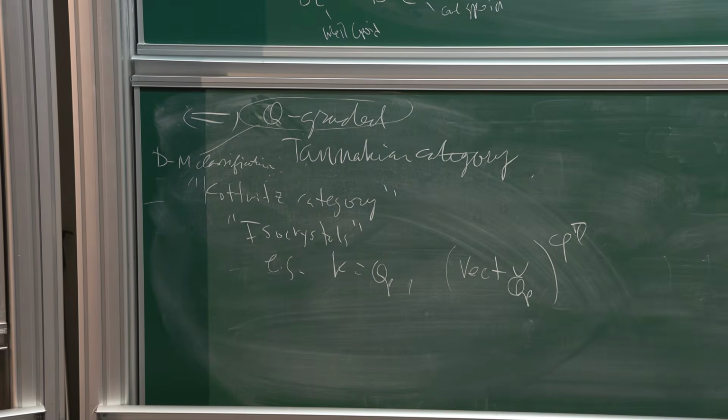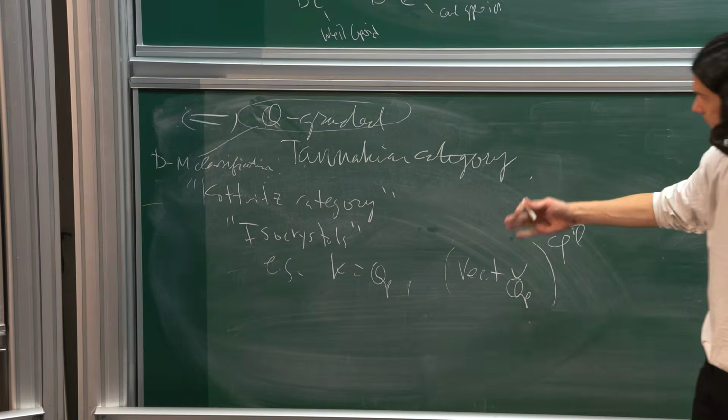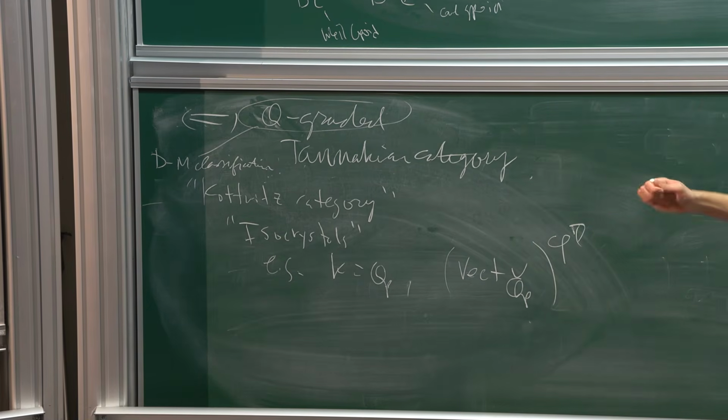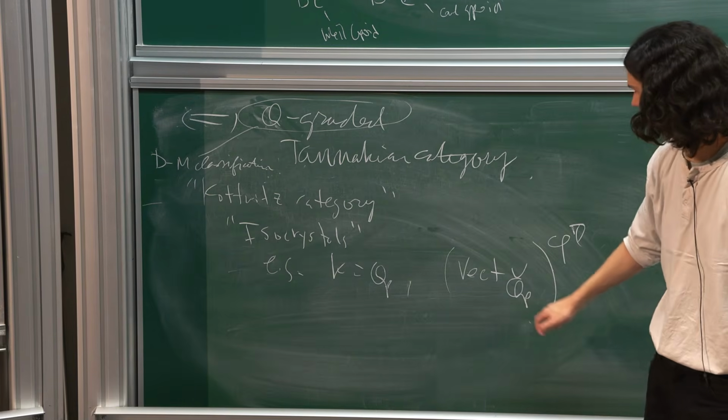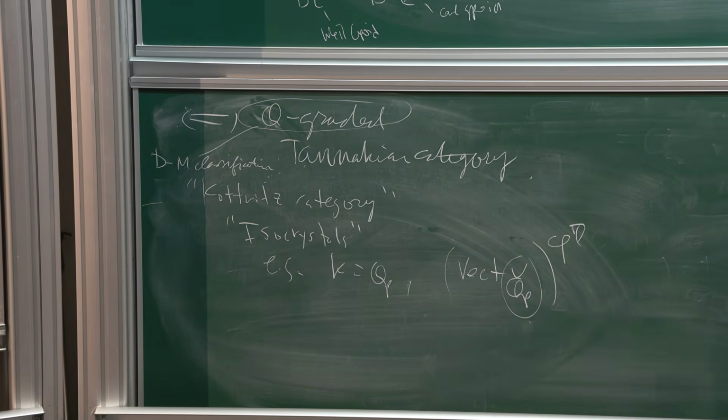Right, so in other words, this data that I'm discussing of refinements of the class formation for local class field theory is the same as the data of an actual Tannakian category in the 2-category of Tannakian categories that gives these isocrystals. And note that this object here depends on the choice of F_p bar. The maximal unramified extension of Q_p has the same degree of canonicity as the algebraic closure of the residue field. So it's consistent, everything I'm saying.